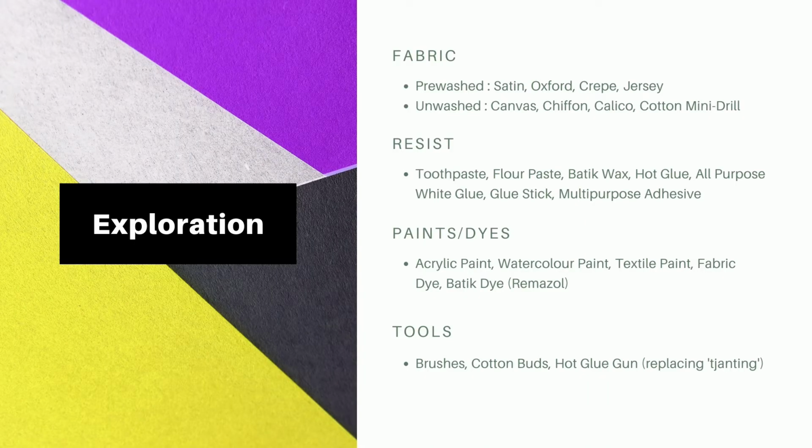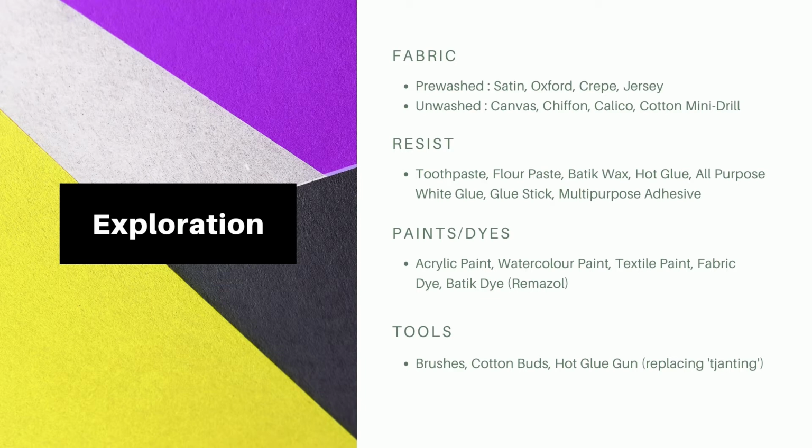For my exploration, it will be on types of fabric, which for the pre-washed are satin, Oxford, crepe, and jersey. For unwashed, canvas, chiffon, calico, and cotton mini drill.